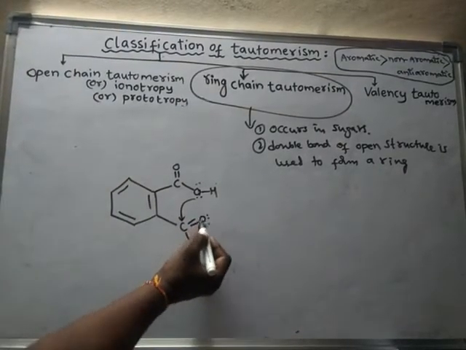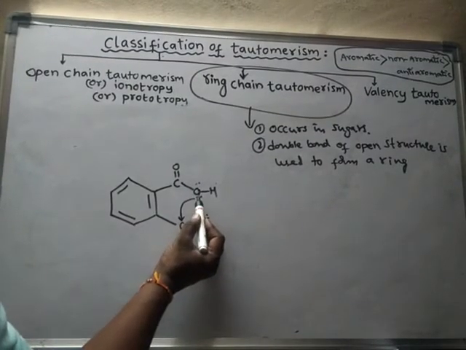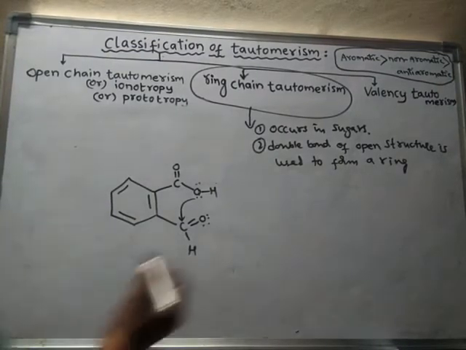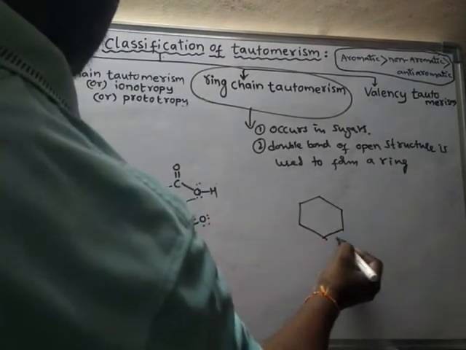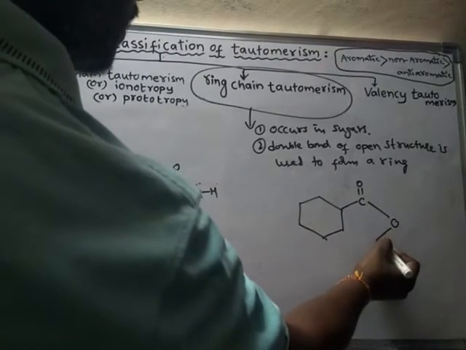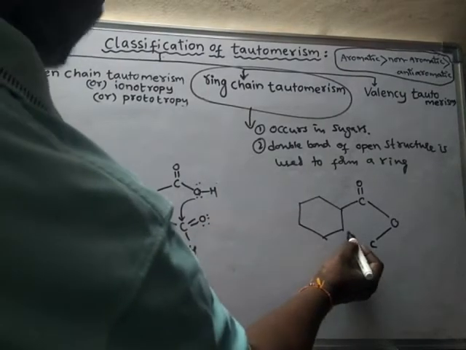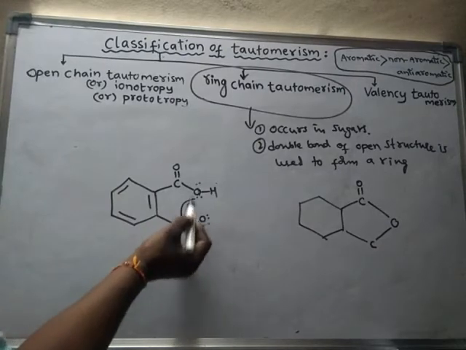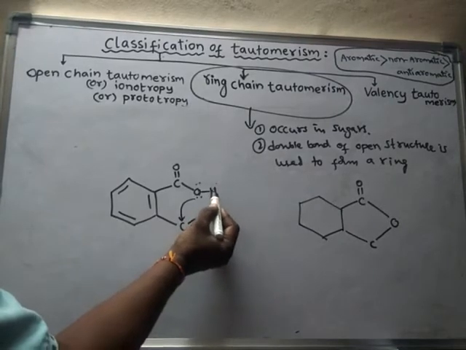So look here, what happens? Here this oxygen's lone pair will be donated to this carbon. So now a new structure is formed like this. So the oxygen is attached to carbon directly. A new bond is formed between this oxygen and carbon. And this bond is shifted between these two atoms, and this hydrogen will move here.